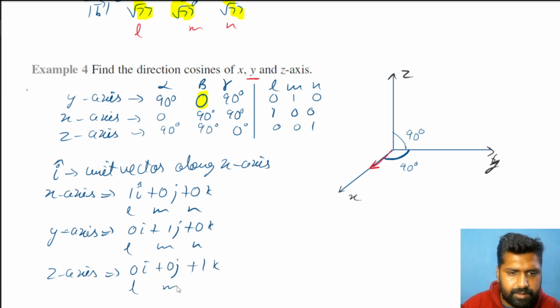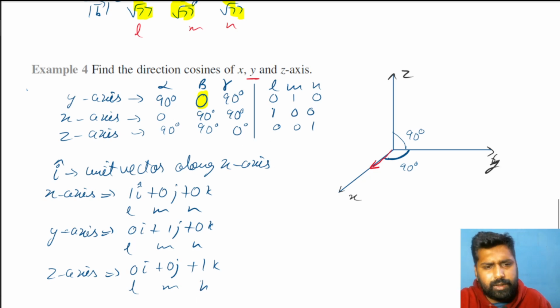So that's your LMN, 0 0 1. Okay. So from this point of view, you can also think. From angle point of view, you can also think. Whichever you want. Fine. We have thought about this now.